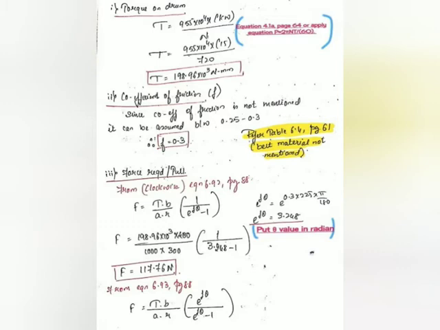We'll assume the maximum value, so small f equal to 0.3. You have to take this only if they don't mention the belt material in the question. Here in this question they have not mentioned any material or f value, so we'll take the small f value equal to 0.3.